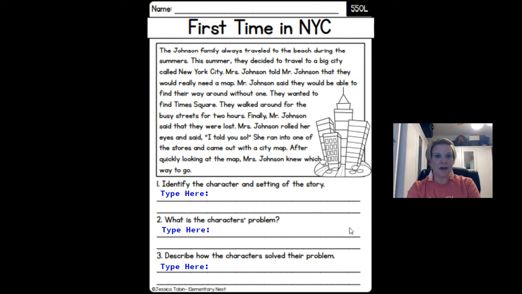They wanted to find Times Square. They walked around the busy streets for 2 hours. Finally, Mr. Johnson said they were lost. Mrs. Johnson rolled her eyes and said, "I told you so." She ran into one of the stores and came out with a city map. After quickly looking at the map, Mrs. Johnson knew which way to go.